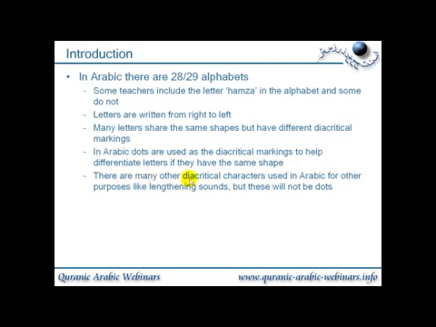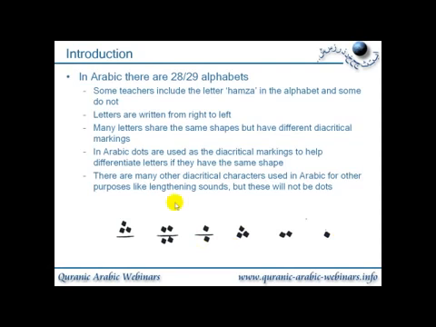There are many other diacritical characters used in Arabic for other purposes, like lengthening sounds, but these will not be covered here. So here we have what we call the dots, and generally you'll have a different number of dots. So we've got 1 dot, 2 dots, 3 dots. Sometimes they'll be below or above a letter or even halfway in the letter itself.